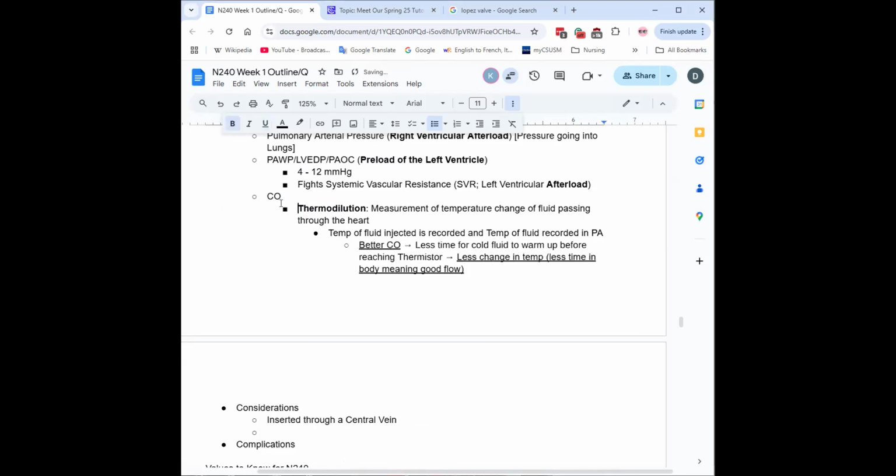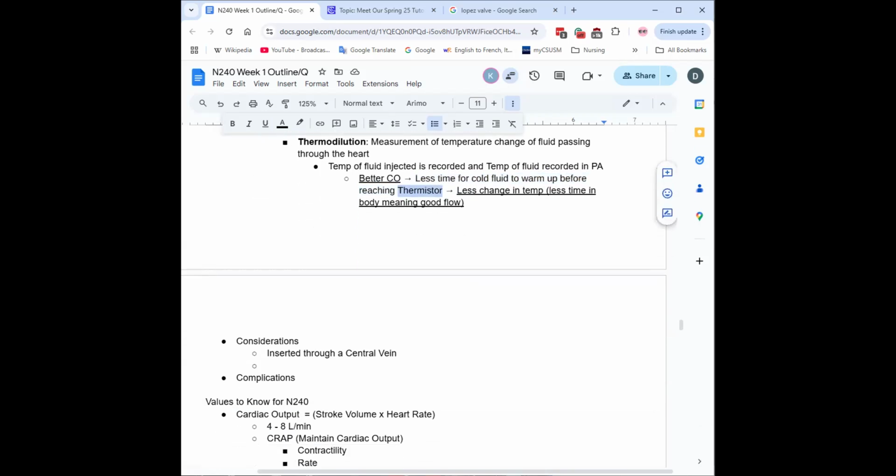I don't think you get tested on this, but the idea is that you're able to put fluid into the catheter and then record the change in temperature. The idea being that if that fluid had less time to warm up, it means you have better cardiac output, because your heart pumped it out so fast it didn't have time to change temperature before reaching the little thermometer there. So that's just something to keep in mind.